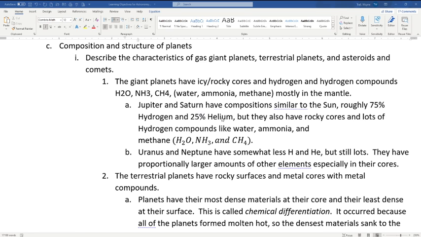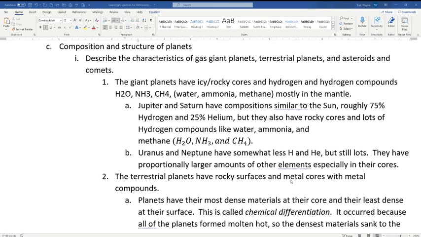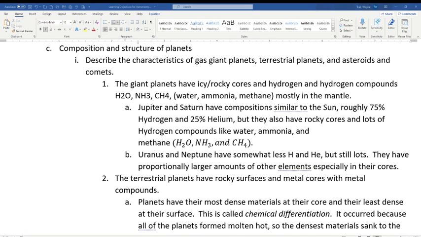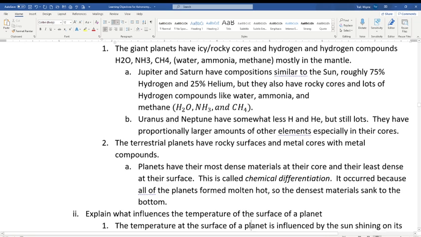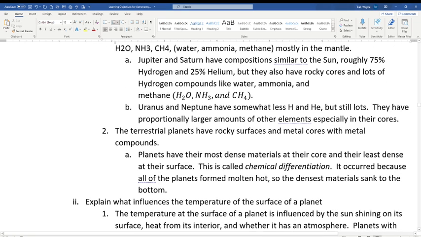The terrestrial planets have rocky surfaces and metal cores with metal compounds in between in what we call the mantle. As you can see, we've been talking about the cores of these planets. Planets typically have their most dense materials at the core and their least dense at the surface.